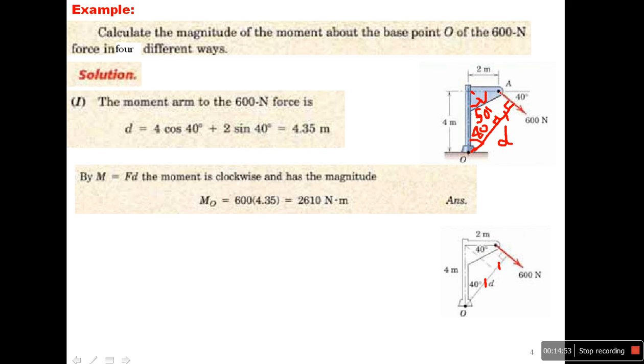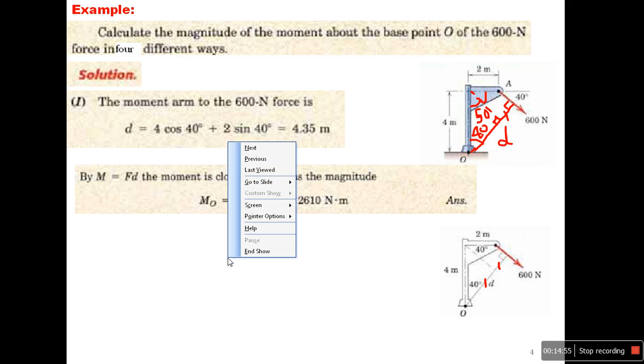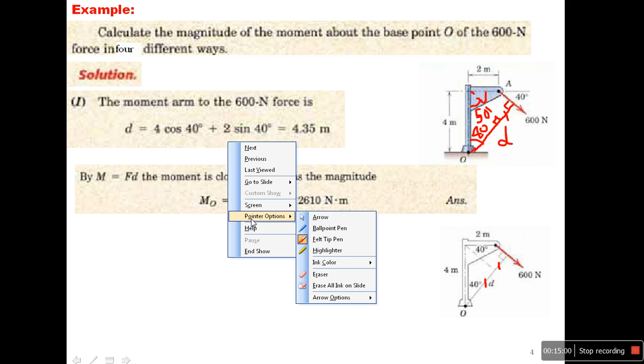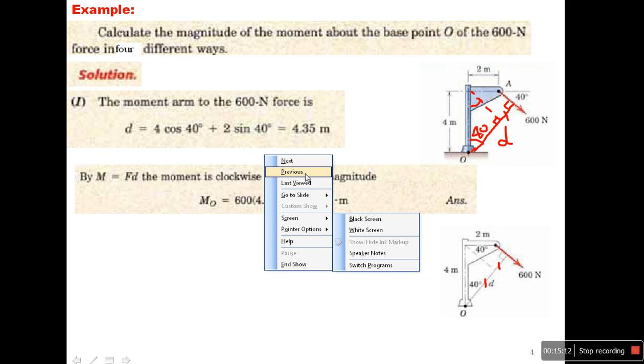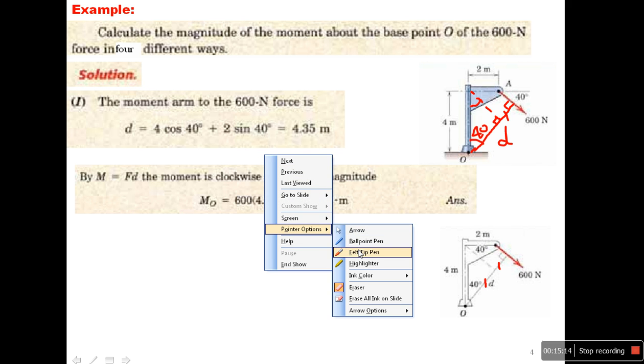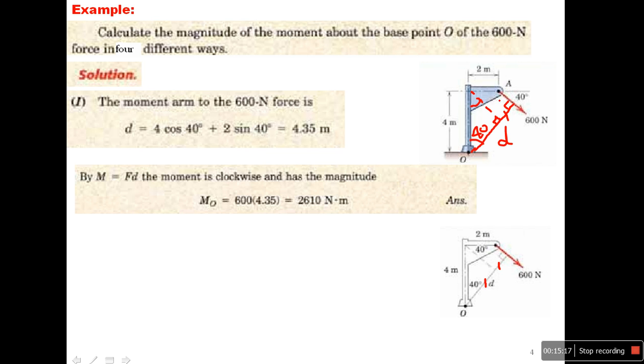You can see here, if I draw a line parallel to that here, so this line is parallel and equal to that line.